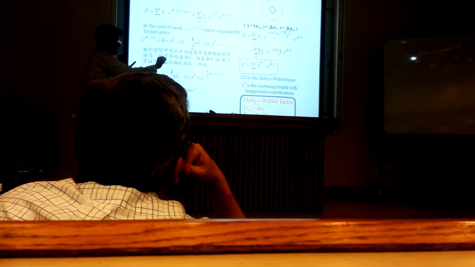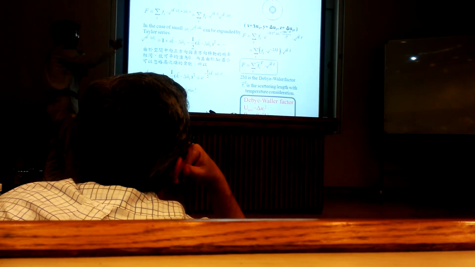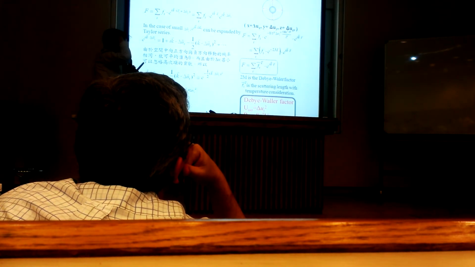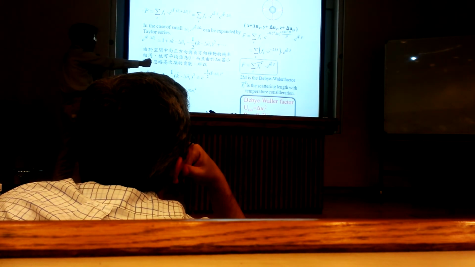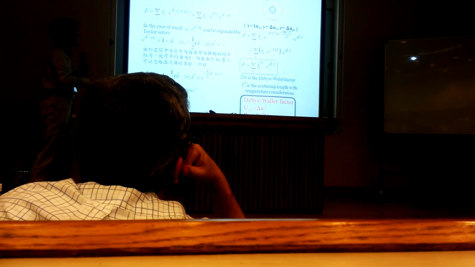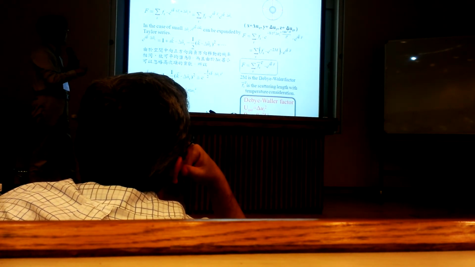It is not a pinpoint. If you cut a slice, you will see an area inside the space. So when the neutron beam wants to interact with these atoms, the effective cross section becomes bigger. So the unit of the Debye-Waller factor is the unit of area. That's the basic idea of the Debye-Waller factor.